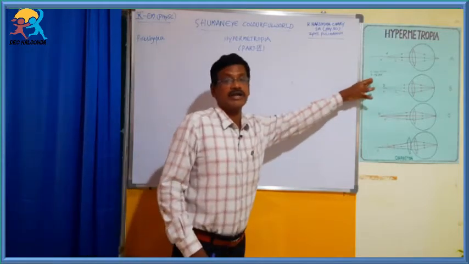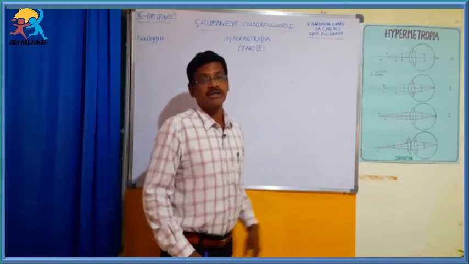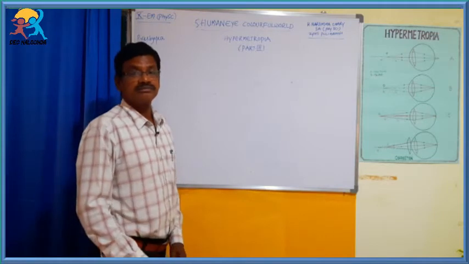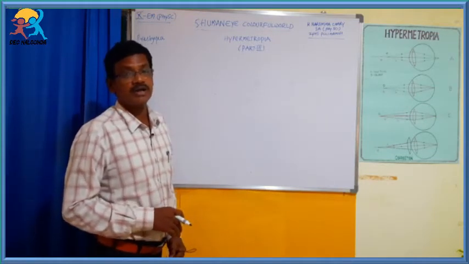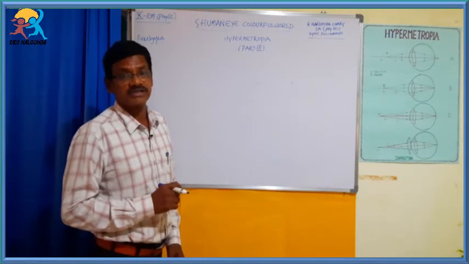We have to correct this defect using a suitable lens, and the lens we decide on is called a biconvex lens.